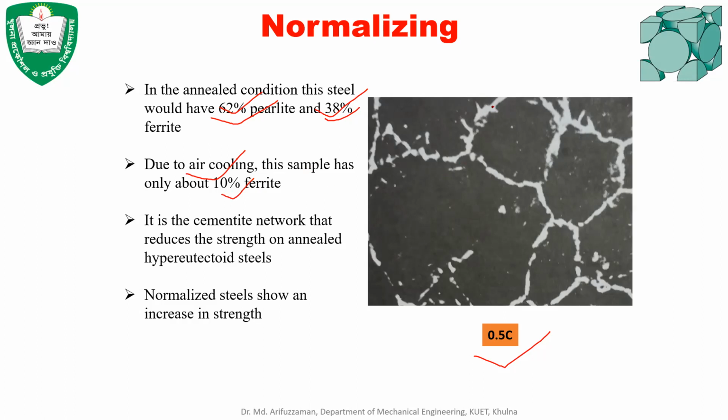This white region is only 10% ferrite, and all of the rest is pearlite with cementite. It is the ferrite network that reduces the strength in annealed hypoeutectoid steels, and normalized steels show an increase in strength because of this modified structure. That is why you cannot use the iron carbide diagram to predict how much ferrite is present.